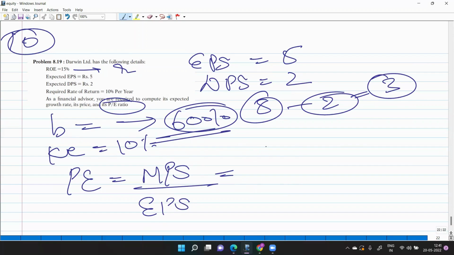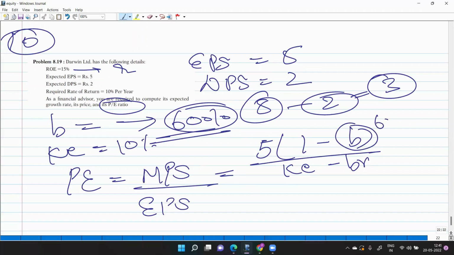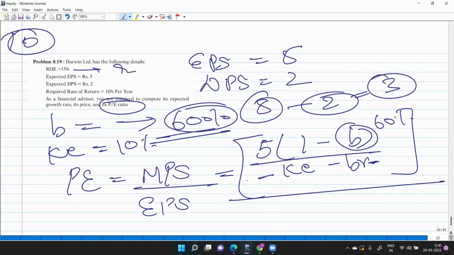Using this particular thing, EPS, that is 5 upon 1 minus B upon KE minus BR. BR is 60%, R is 15%, and KE is 10%. I will be able to find out the value per share. I will divide it by EPS, that is market price per share, and I will get the PE ratio.